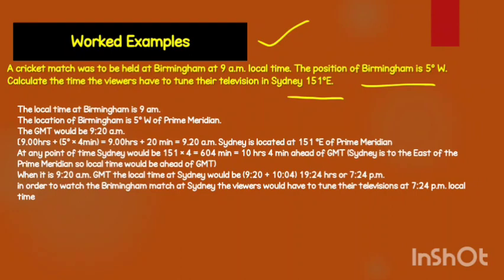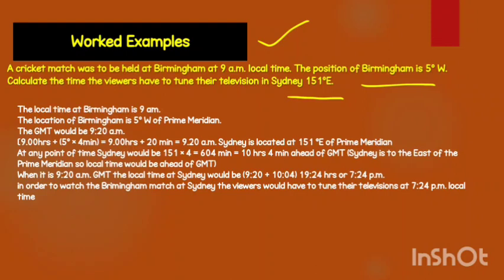Okay, see, the local time of Birmingham is 9 a.m., that is mentioned, and the longitude is also given, that is 5 degree west of the prime meridian. We know that 1 degree equals 4 minutes, then 5 degree equals 20 minutes. So the Greenwich time would be 9:20. Now the question is the time the viewers have to turn on their television when they are in Sydney, and the longitude of Sydney is 151 degree east.